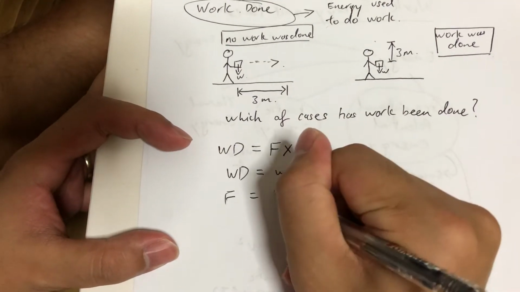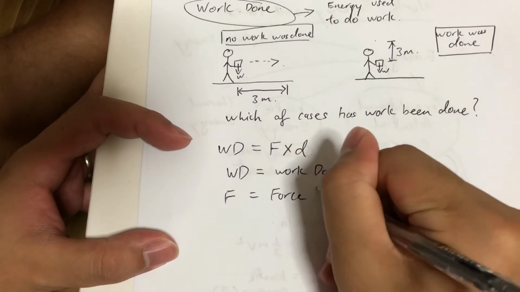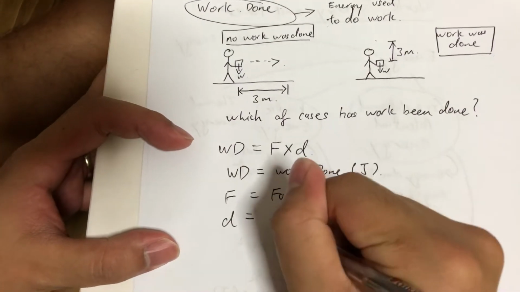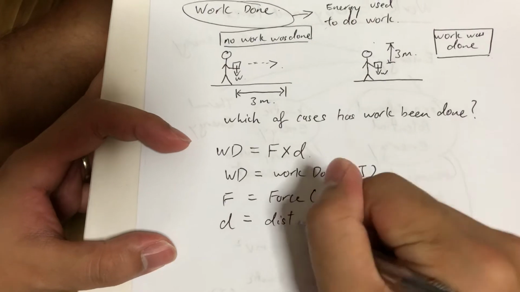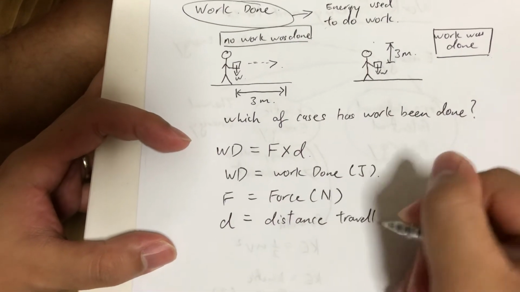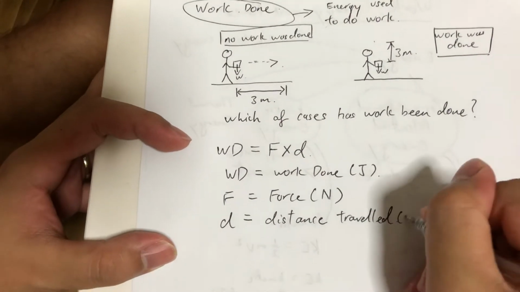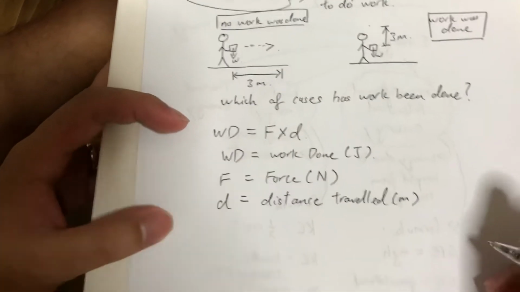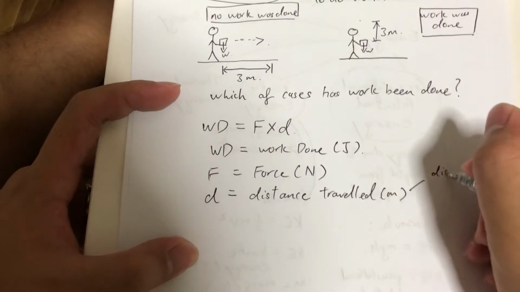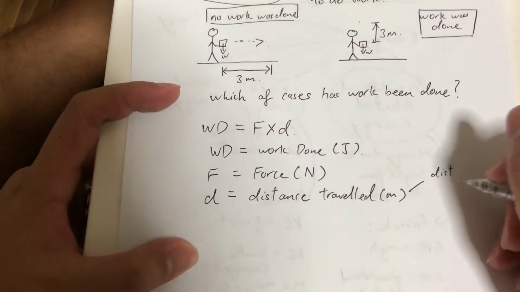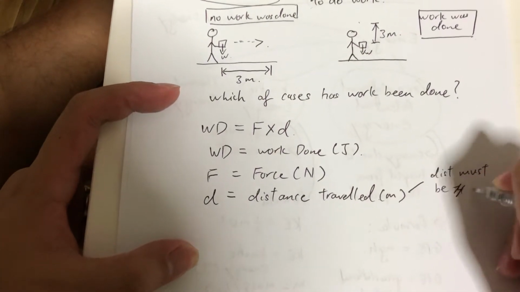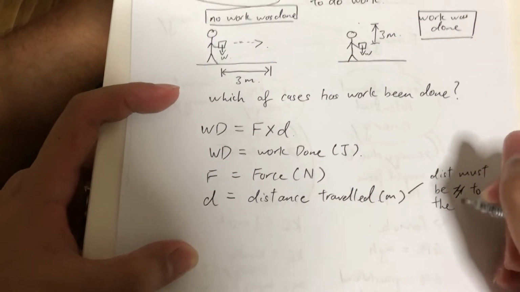Force is measured in newtons. D is the distance traveled. But there is a very special condition for the distance. And what is the condition? Distance must be parallel to the force applied.